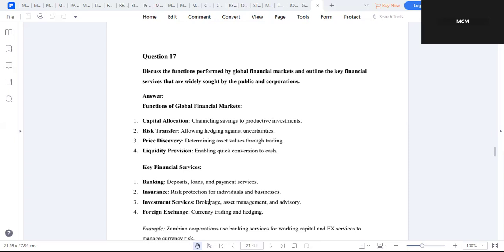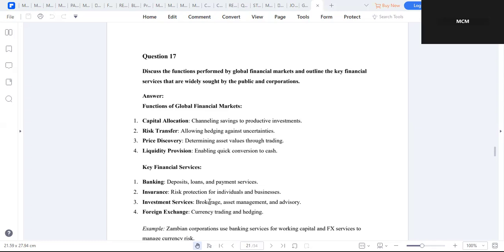Then these markets also help in capital raising and corporate finance. So companies will access equity markets where they will sell shares or the debt market where they issue bonds to raise long-term investments. And the other services are mainly for payment mechanisms and settling of debt. So the global financial market will facilitate electronic transfers, mobile money.